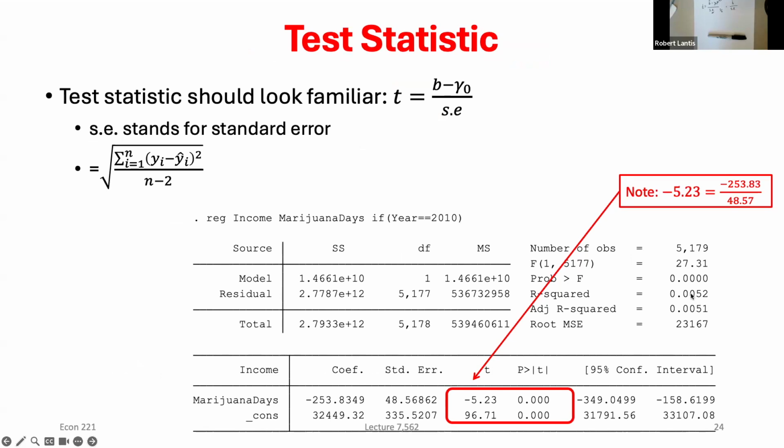So the proportion of variation that I can explain in income using marijuana usage is only what? 0.005, or 0.5%. I'm probably not getting very good predictions of y just using the number of days someone used marijuana. There's probably a lot of other variables explaining a lot more of the variation in income, right? Income depends on a lot more than just one thing. So when we only try to predict it using one thing, our predictions are going to be pretty bad. We're missing a lot of the variation.